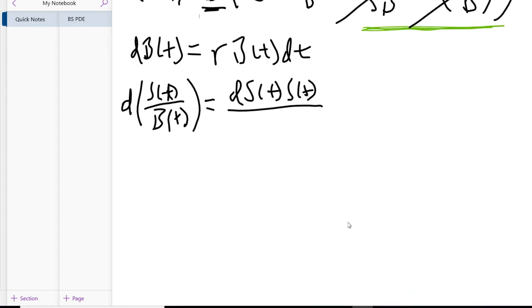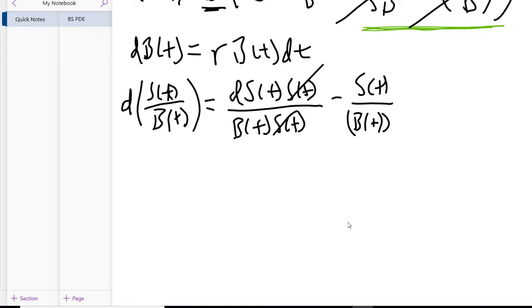That's where that St comes from. dSt over bt, St, so obviously these quickly cancel. Minus St over bt squared dbt. I guess you could, to keep form consistent, put the dbt in the numerator, but whatever.